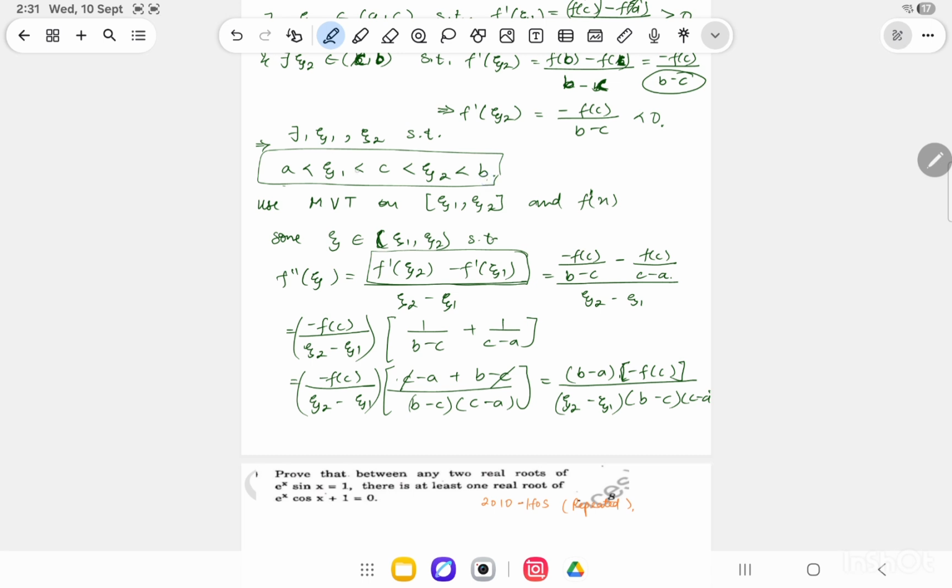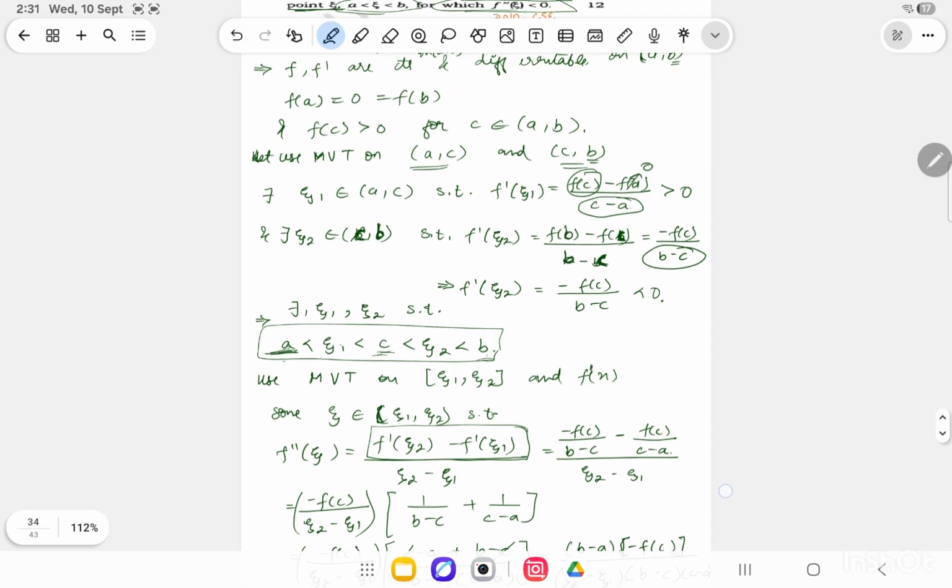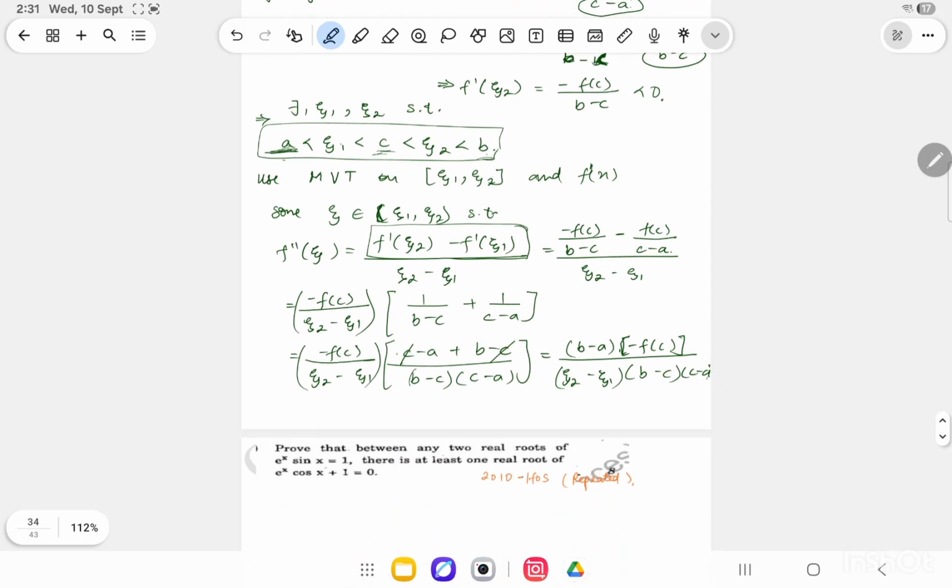Likewise b minus c is also greater than 0 and c minus a is also greater than 0, so the denominator is greater than 0, and b minus a is also greater than 0, and in the question it is given that f(c) is greater than 0. So this whole term will be less than 0 because of the negative sign. So we have proved that there exists ξ belonging to (a, b) such that f''(ξ) is less than 0.